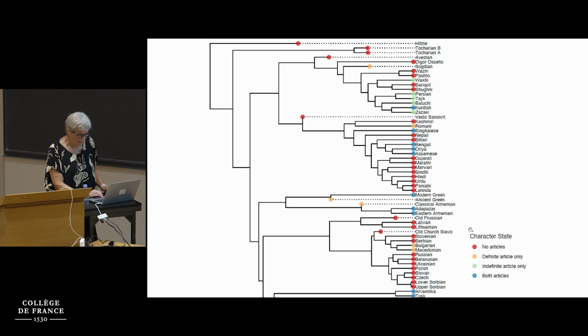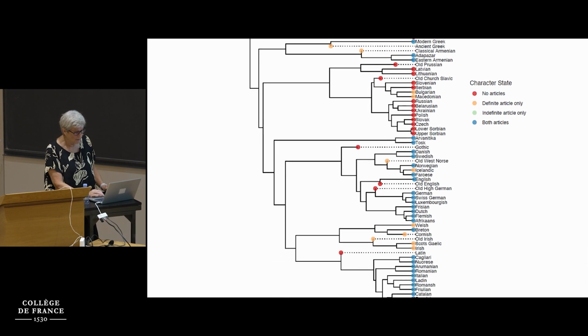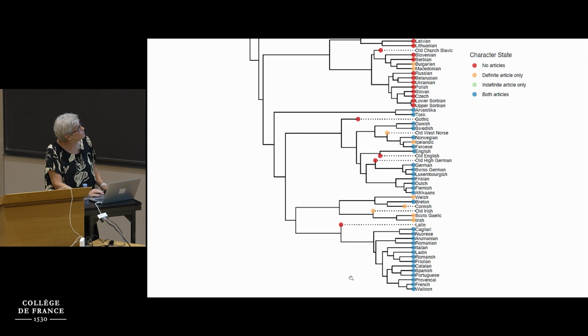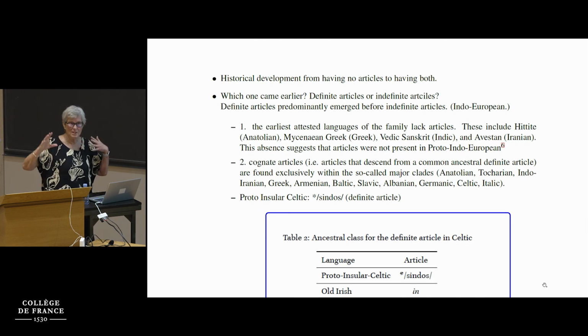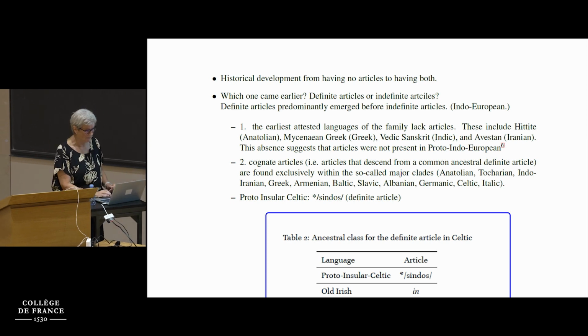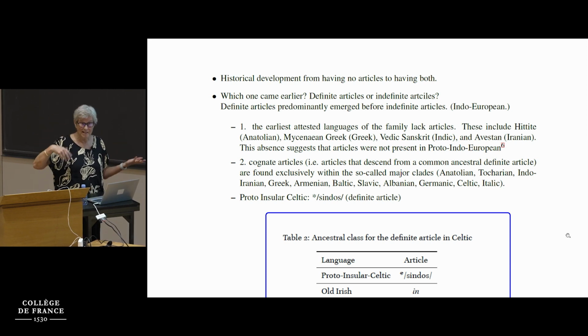Right? So, and then we go to Germanic languages, Romance languages, and we see, majorly, both definite and indefinite articles. So basically we see there is a historic development from having no articles at all to having both definite and indefinite articles. There's a question of which one came earlier in the development, indefinite or definite?